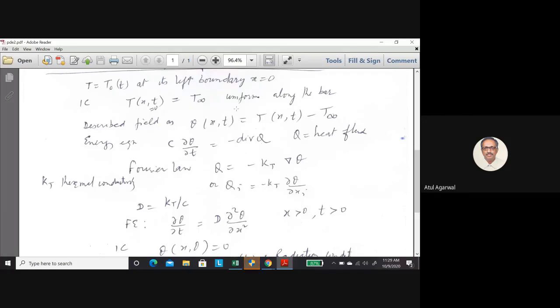So this is the internal energy of any differential volume, and this is the time derivative of internal energy of a small volume. Energy change is happening because of loss of heat due to conduction. We are assuming there is no heat source in the bar.